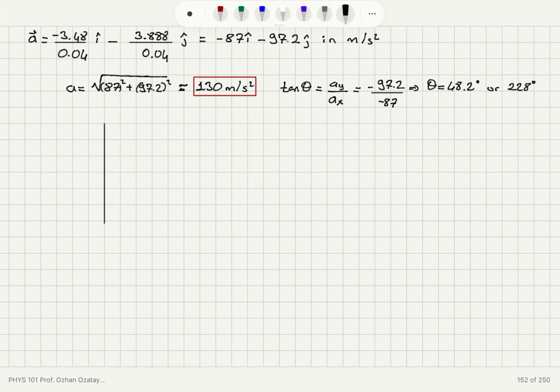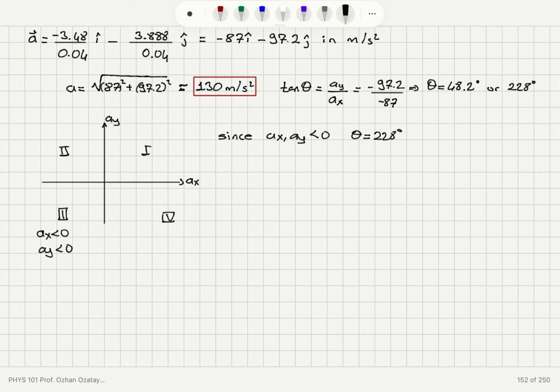I look at the possibilities. This is the y-axis, this is the x-axis: first quadrant, second quadrant, third quadrant, and fourth quadrant. Now I have ax negative and ay negative, therefore I'm in the third quadrant.